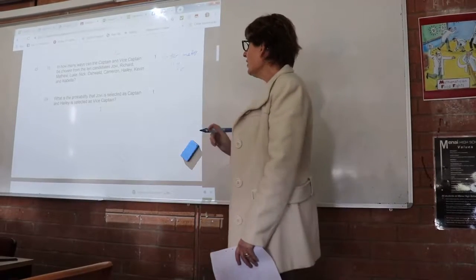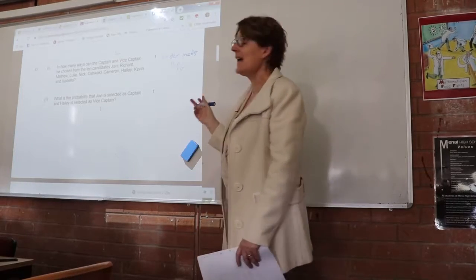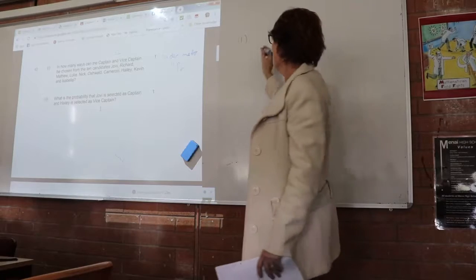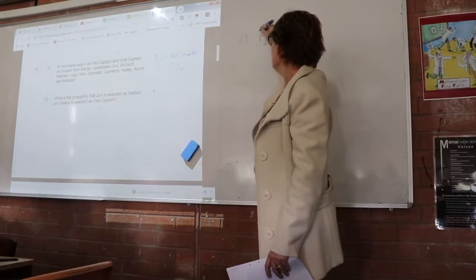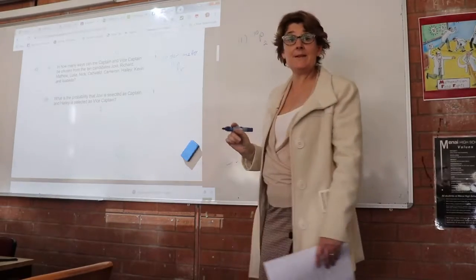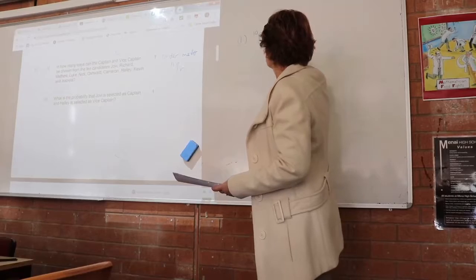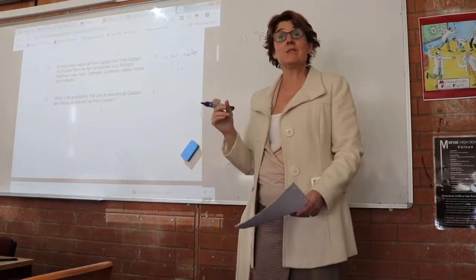So, part 1 says, in how many ways can captain and vice captain be chosen? There's no restrictions, so I'm doing a permutation. I want to choose 2 people from a possible 10. And if I do that, I get 90 different arrangements of captain and vice captain.